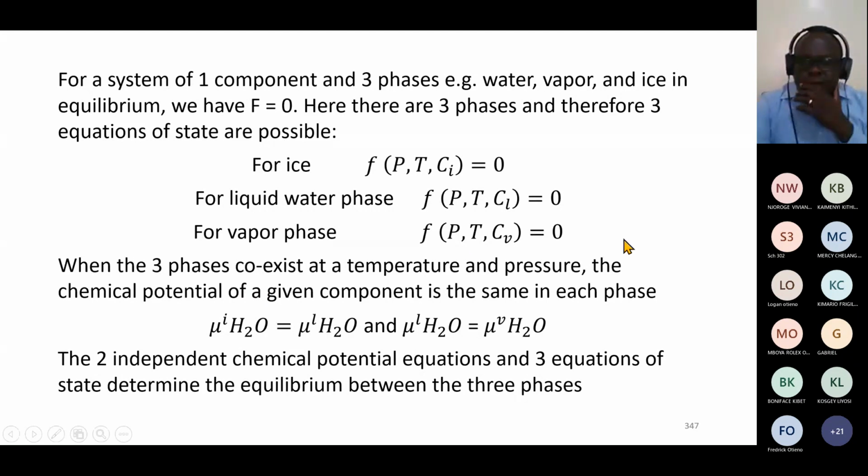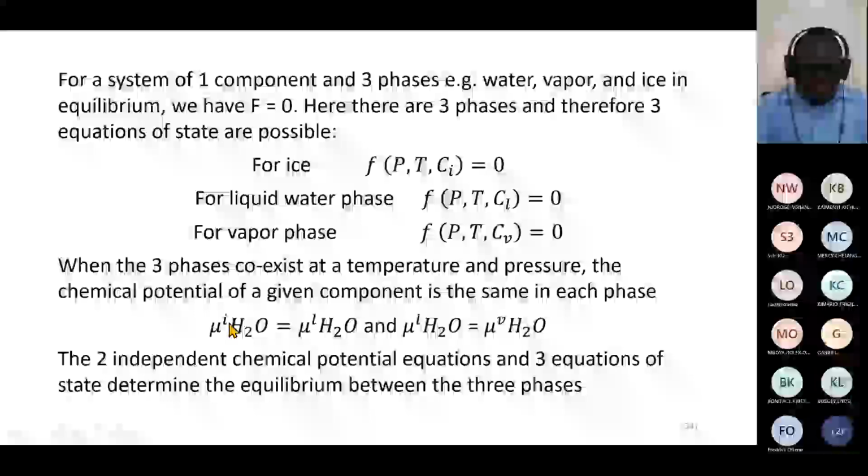So what usually happens is, we have 2 equations essentially, because we have 3 phases. So the chemical potential of water in ice equals to chemical potential in the liquid phase.